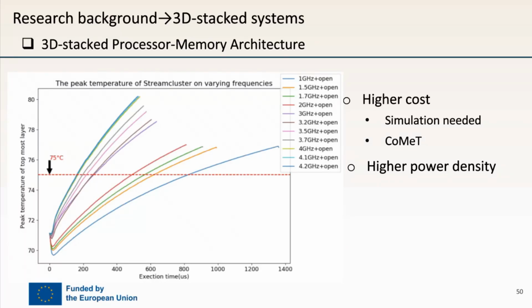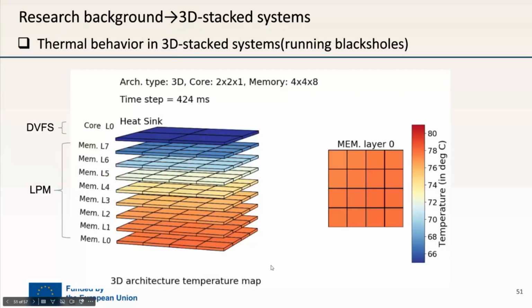Furthermore, running tasks at such low frequency will significantly reduce the system's performance, highlighting the limitation of DVFS alone for the cores in managing the thermal challenges.